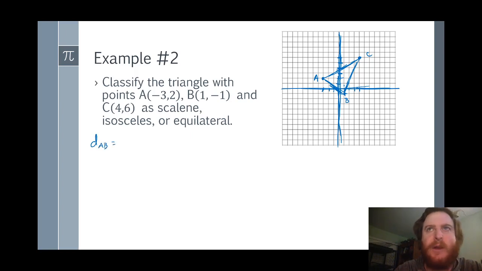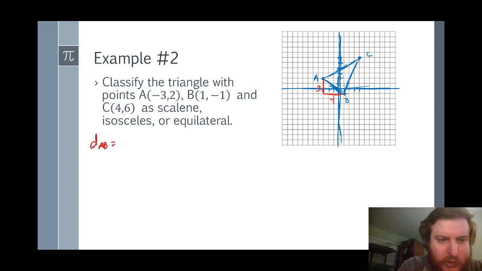And I'm going to use different colors for this just so we can see it. It is a little bit of work here. So let's do the distance between A and B. So in between A and B, we're going to just make a triangle. So I'm going to go down and then over. So this is down 1, 2, 3, and then over 1, 2, 3, 4.